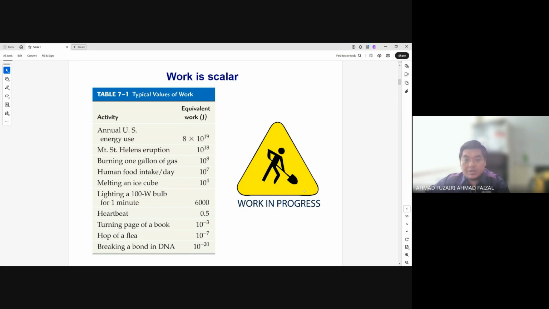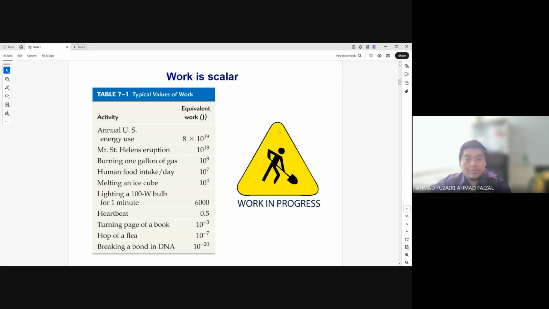Although work comes from force and displacement, which are both vector quantities, when the multiplication of the vector quantities is a dot product, the outcome of work is a scalar quantity.